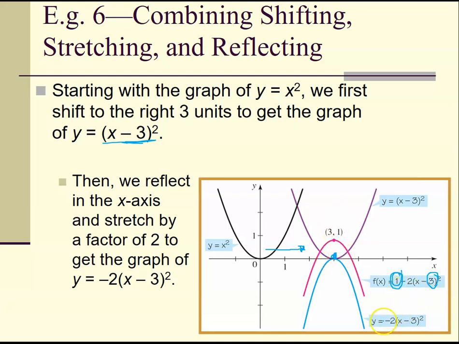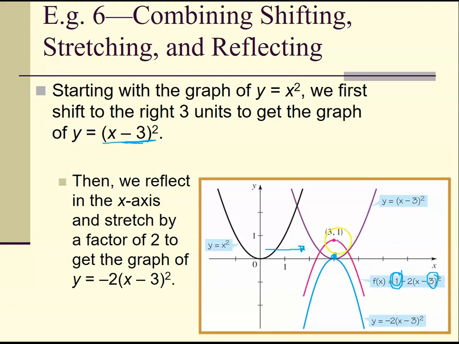So the negative 2 here is for the reflection of the graph, the reflection of x squared. It's not included in the 1 here. So therefore, the graph is this pink one.